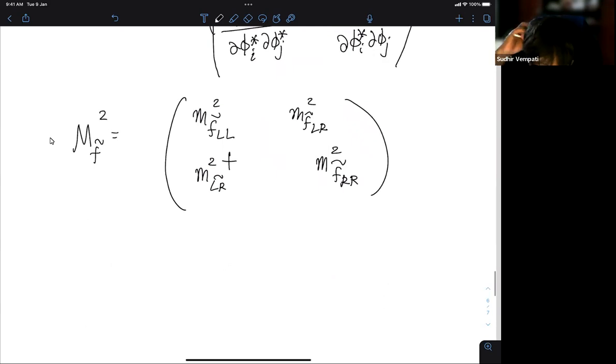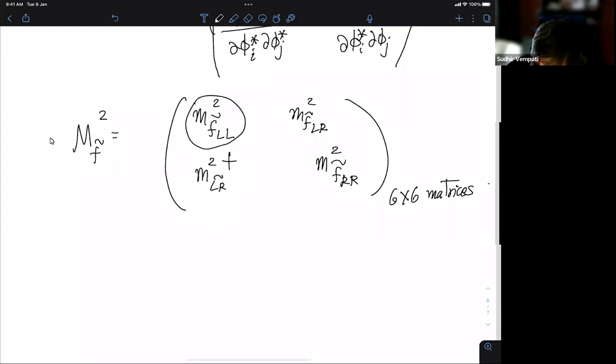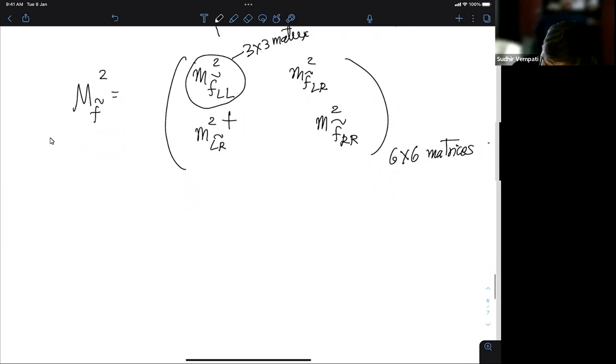Okay, you can write it like that. So in general, these are 6x6 matrices, because each of them is a 3x3 matrix. This is a 3x3 matrix, this is a 3x3. So these are in general 6x6 matrices. I'll tell you when it comes down to the normal thing.